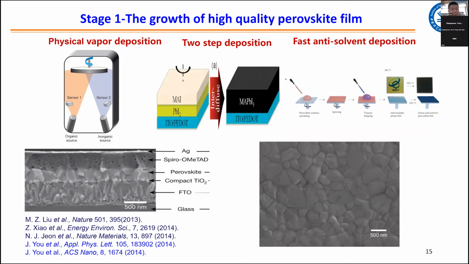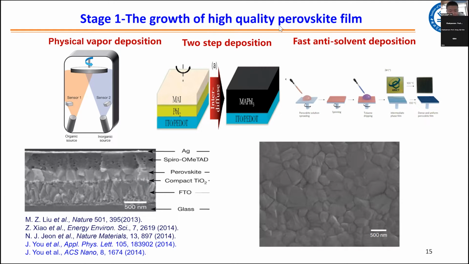The first example is the professor who developed co-evaporation to make a thin film, a dense and pinhole-free perovskite film. This made us believe that if we can grow very high quality perovskite films, we can get high efficiency, high performance.